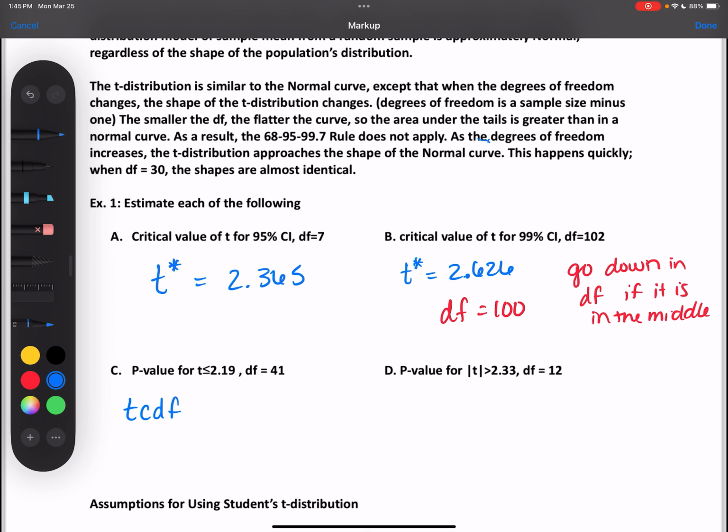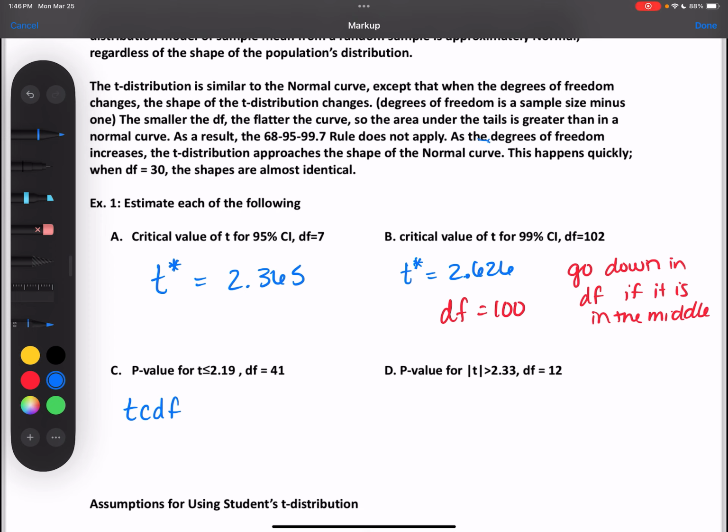Yeah, so it's the same place you would have gotten normal CDF and geometric PDF and all that stuff.